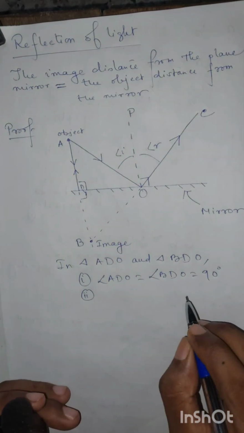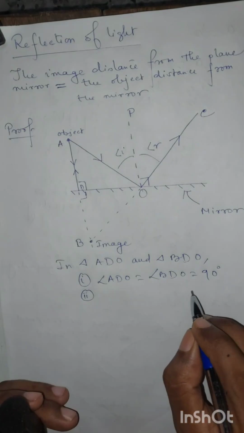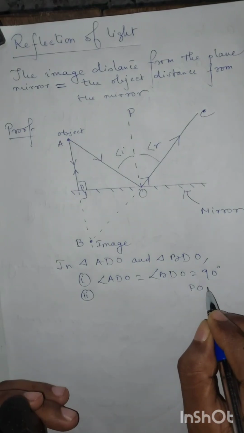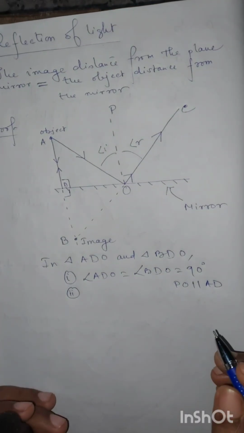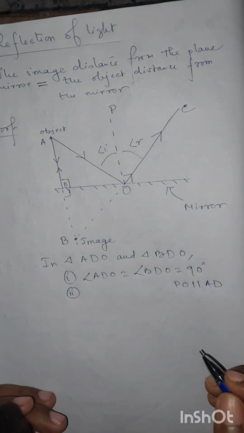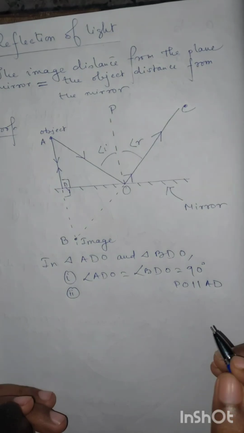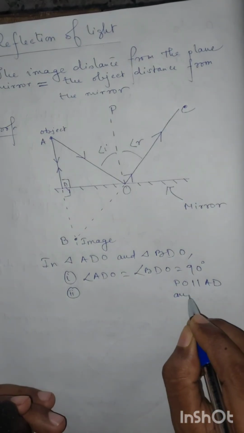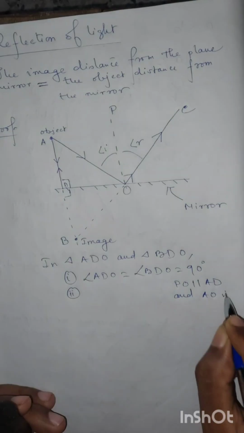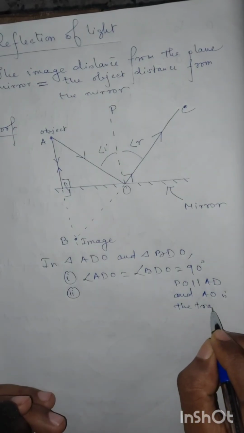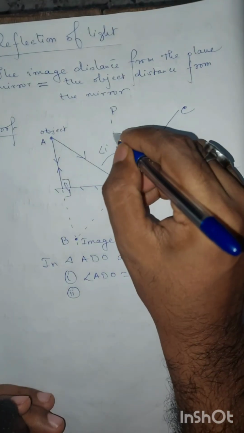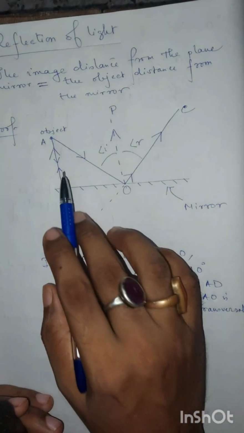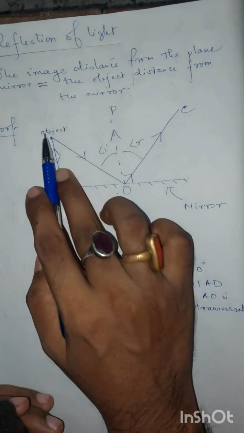We can say PO is parallel to AD, and AO is the transversal.